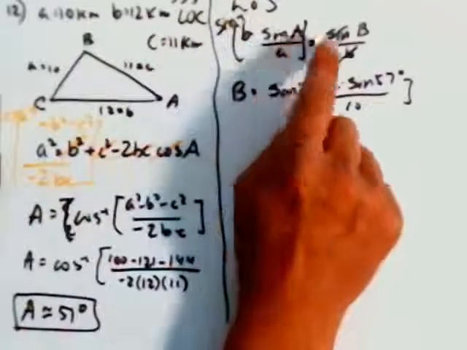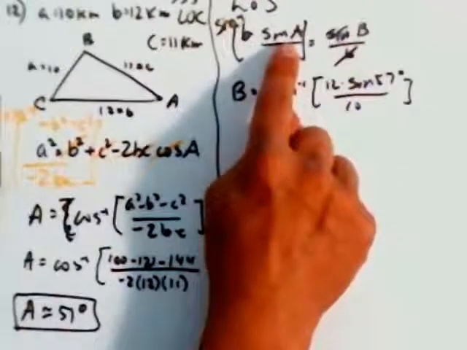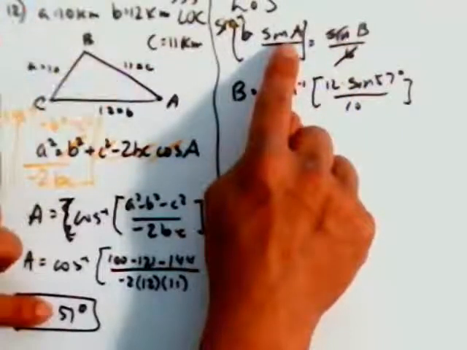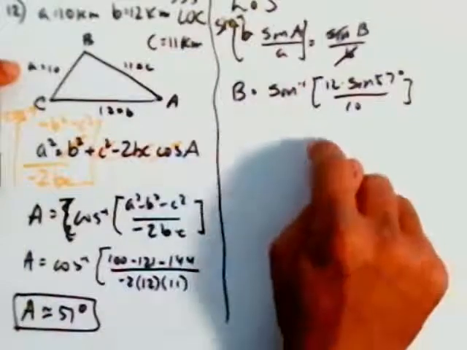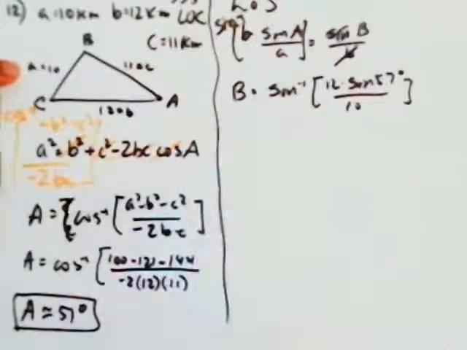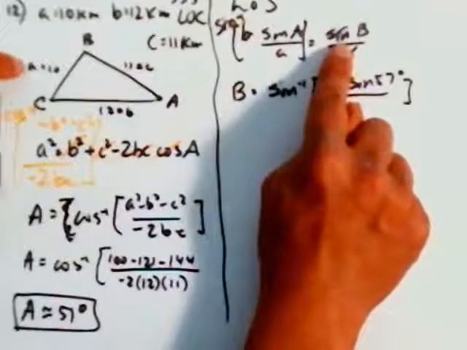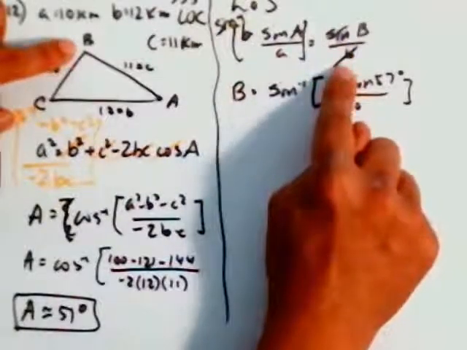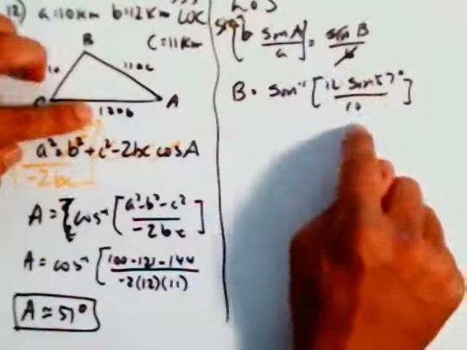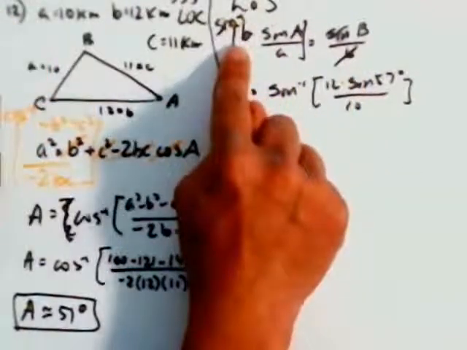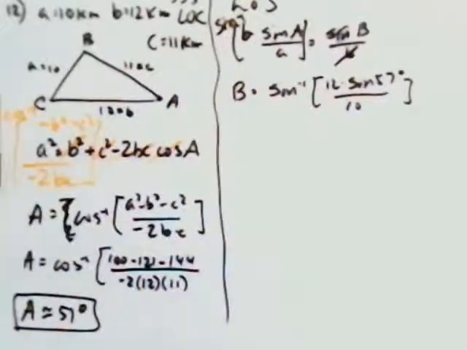Sine of A over a equals sine of B over b. Sine of the angle A is 51 over little a, which is 10, is equal to sine of the angle B divided by b, which is 12 right there. Multiplied by b right there. Oh, it's 51, not 57, excuse me. User input error there.